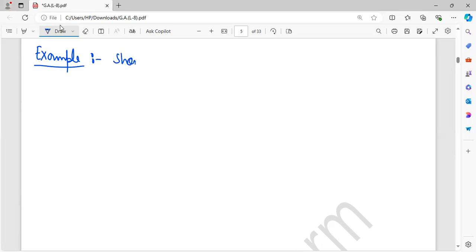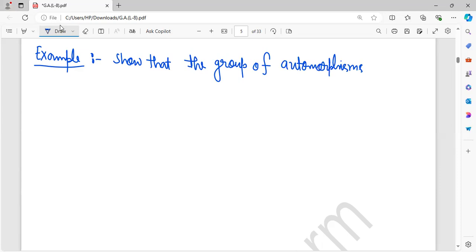So that the group of automorphisms of a cyclic group is abelian.